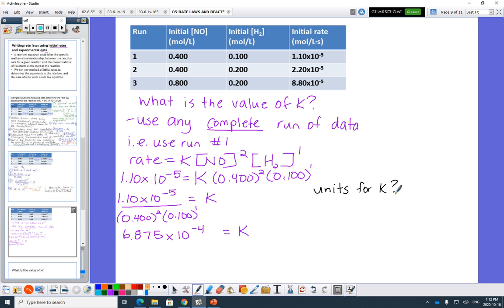That's what rate is, divided by moles per liter, and moles per liter. So all I've done is taken this line and written it just with units, okay?